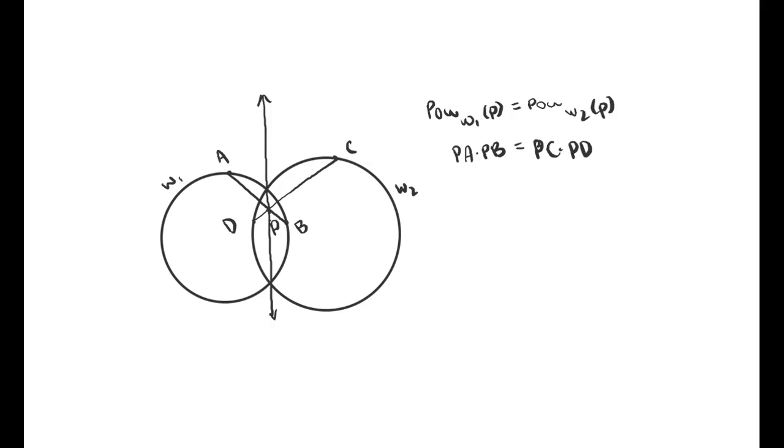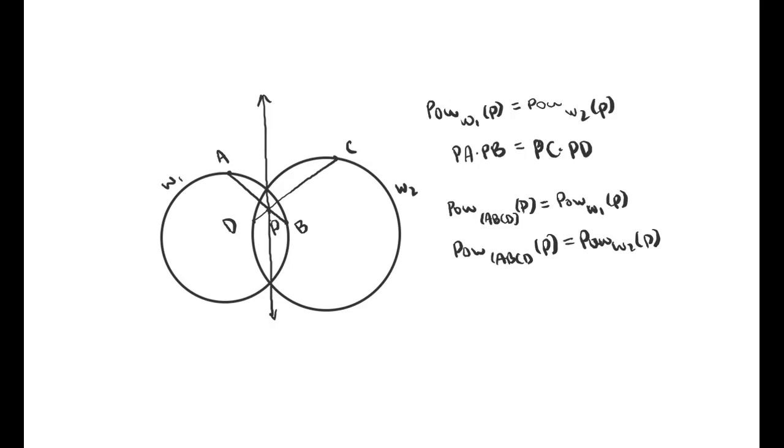So you can express this using power of a point. And this basically shows that the power of P with respect to omega 1 and the power of P with respect to omega 2 are equal.